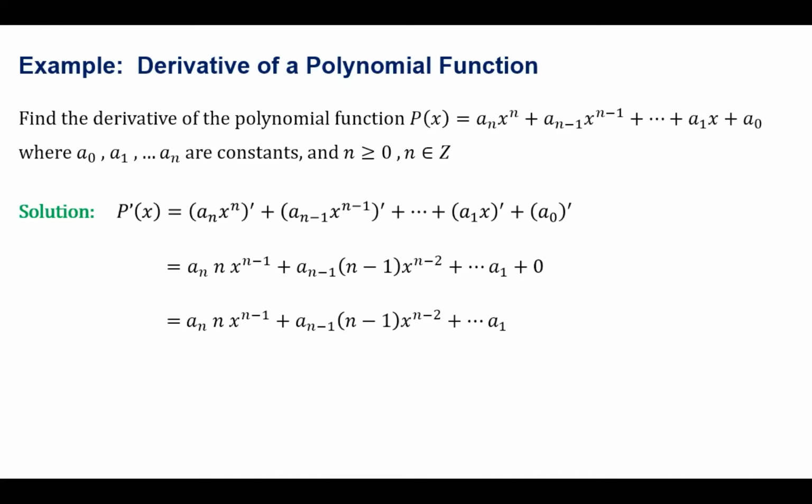And the derivative of the second to the last term equals a_1. And the derivative of the last term, which is a constant number, equals 0. Therefore, we have the derivative of P(x) is a_n times n times x to the power of n minus 1 plus a_(n-1) times (n minus 1) times x to the power of n minus 2 all the way to a_1.